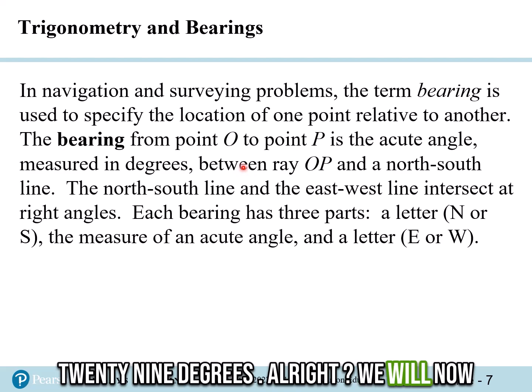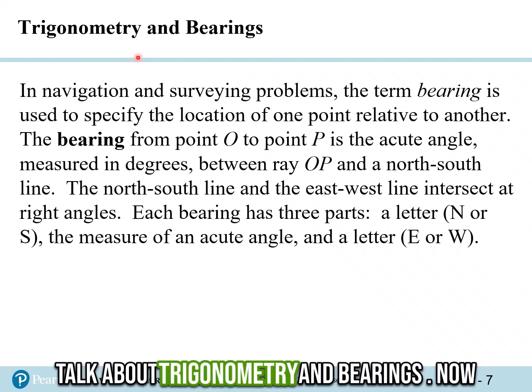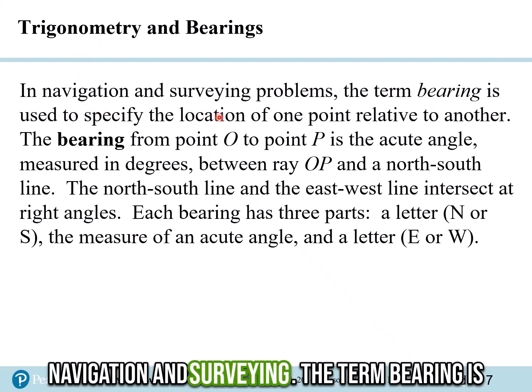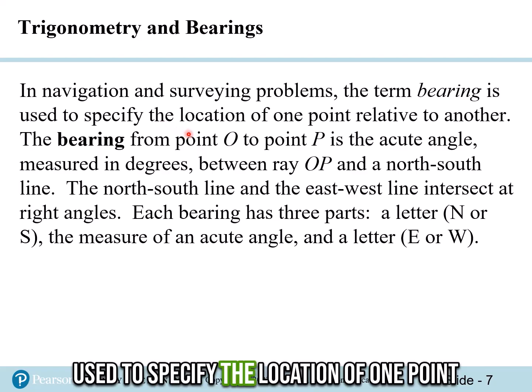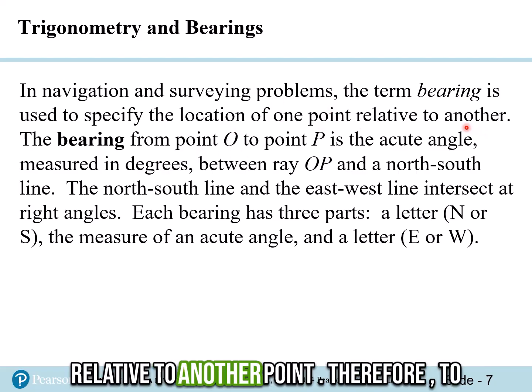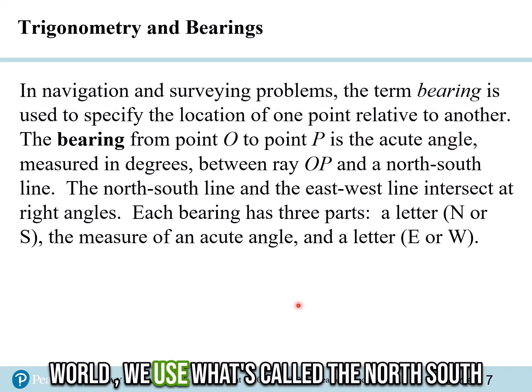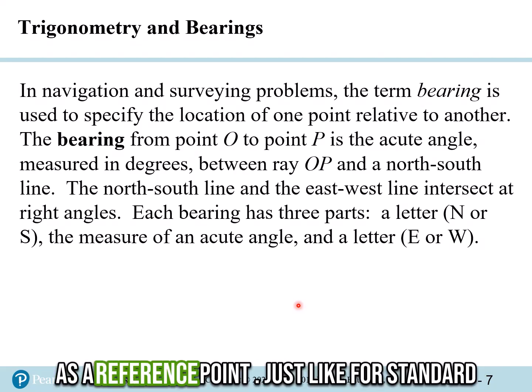All right? We will now talk about trigonometry and bearings. Now, this is a concept used in the field of navigation and surveying. The term bearing is used to specify the location of one point relative to another point. Therefore, to locate a certain point anywhere in this world, we use what's called the north-south line as a reference point.